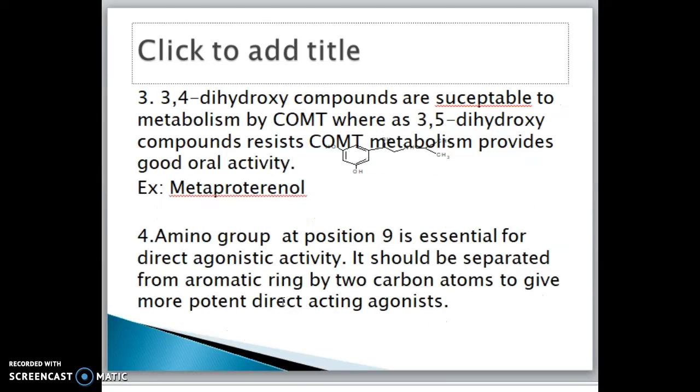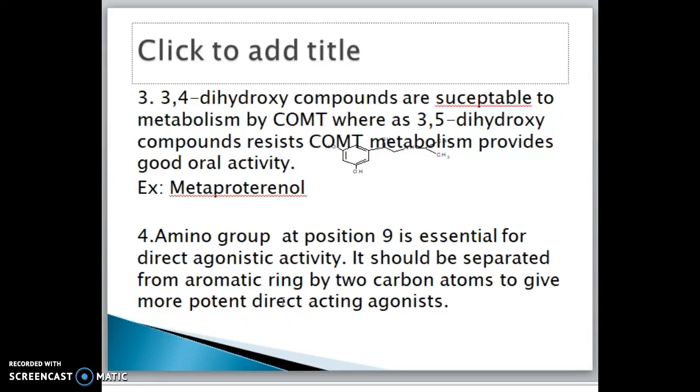The same point we can discuss in another way: when these 3,4-dihydroxy compounds are changed to 3,5 compounds, they resist COMT metabolism. COMT is an enzyme, abbreviated from catechol O-methyl transferase, which converts these catechol rings into their metabolites so that they can be eliminated.